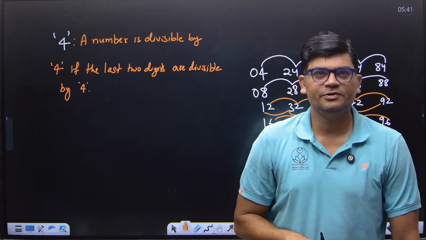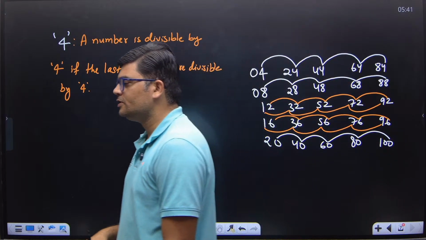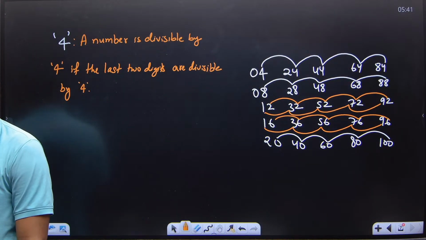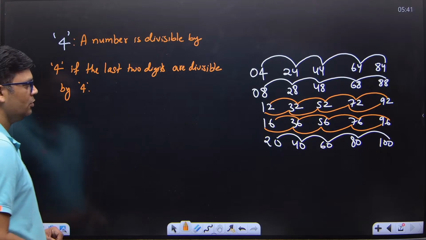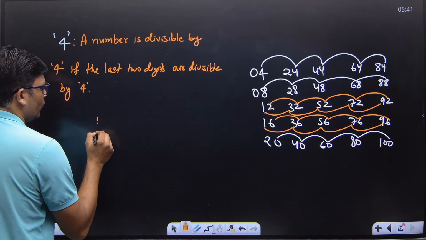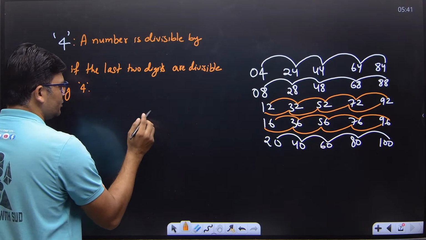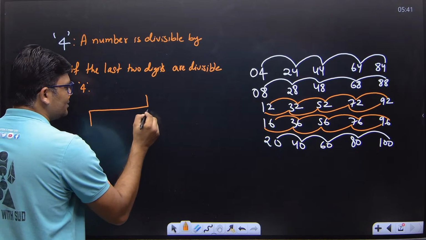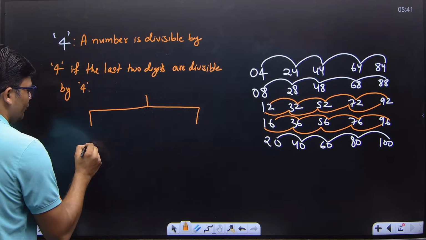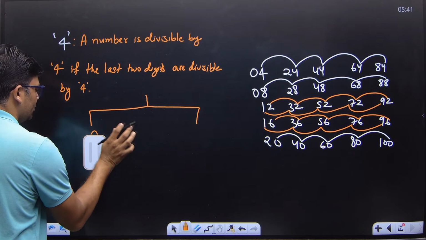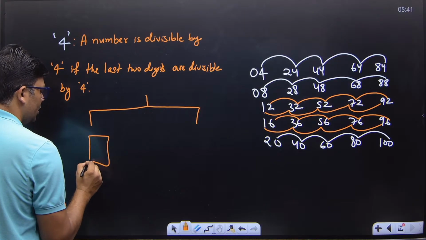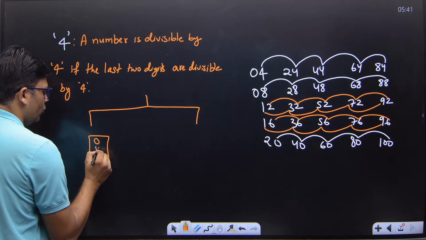To check the last two digits, you can categorize them into two parts. One part is the numbers ending with 0, 4 and 8.